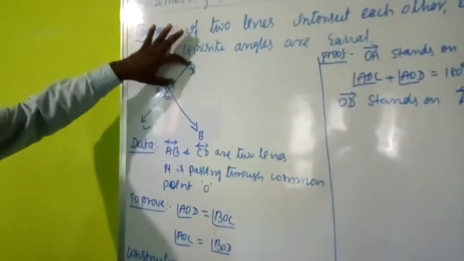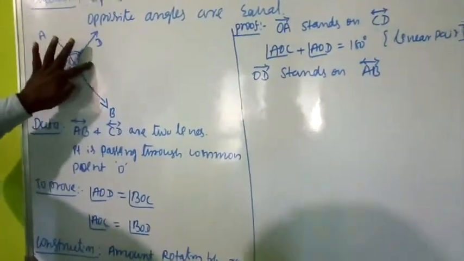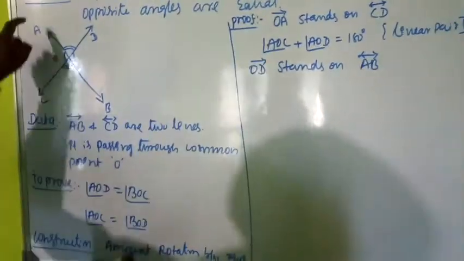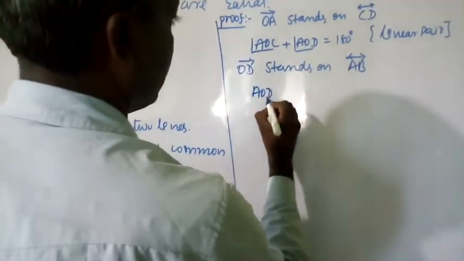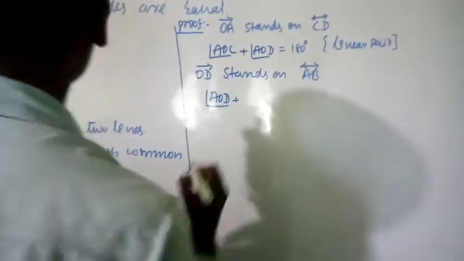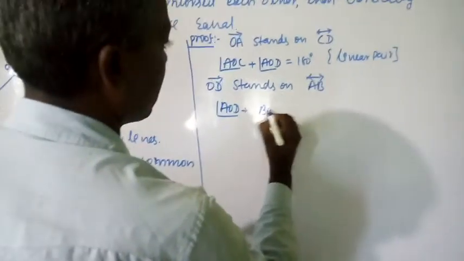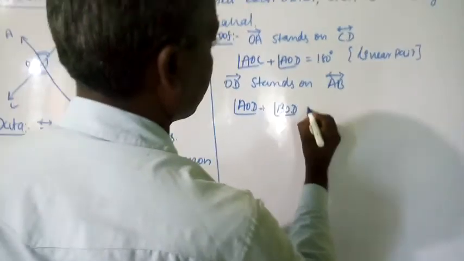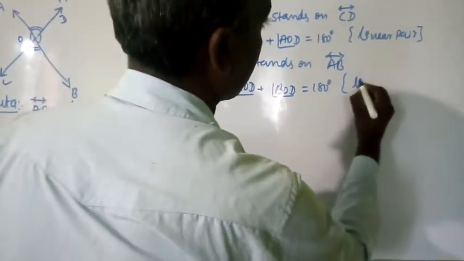This ray OD stands on AB, correct. So again a pair of angles is formed on the straight line, that is a linear pair. Angle AOD plus angle BOD is equal to 180 degrees. So again it is a linear pair.